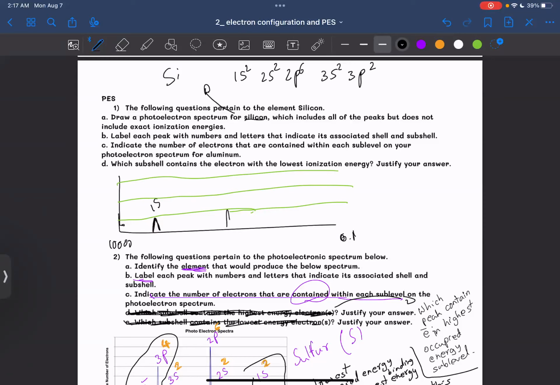Okay, 2s2, 2p6, 3s2, and then 3p2. Okay, something like that. Label.